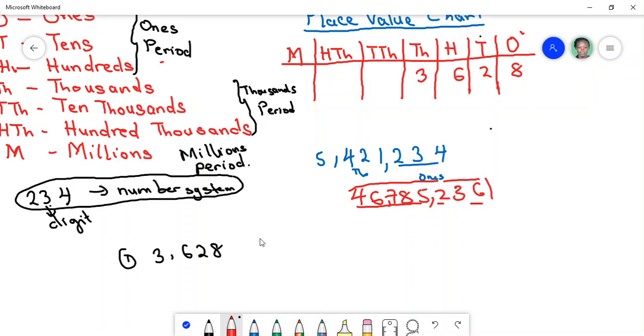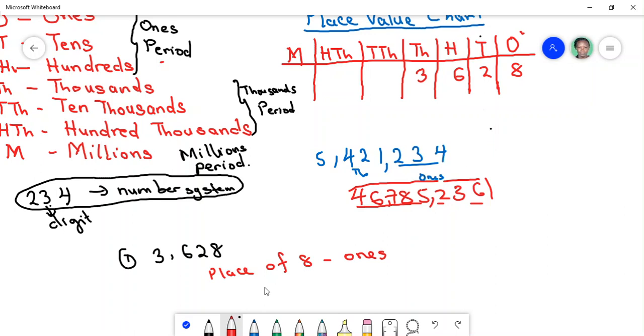So it becomes easier to find the place of 8. The place of 8 here is ones. You see how easy it is to use the place value chart.